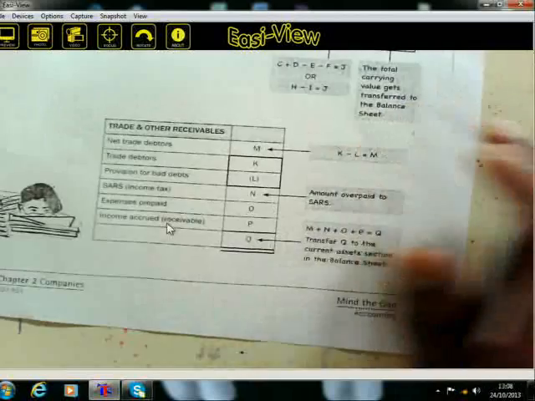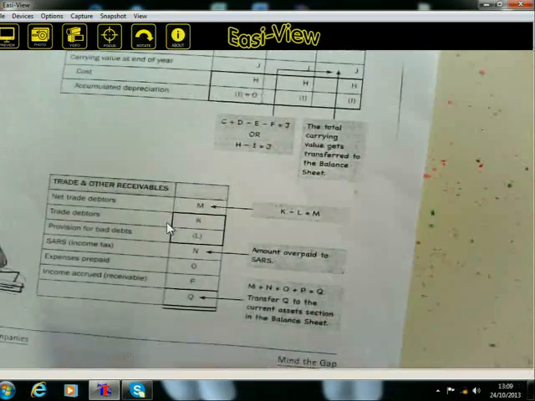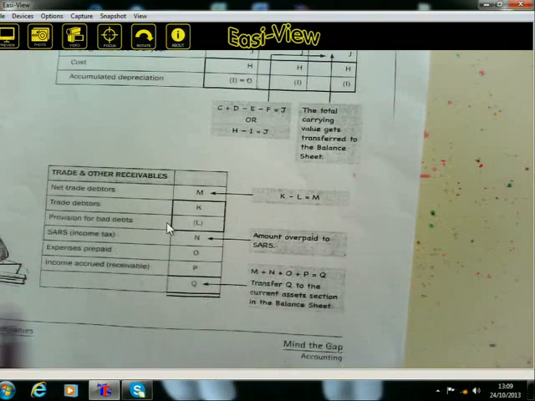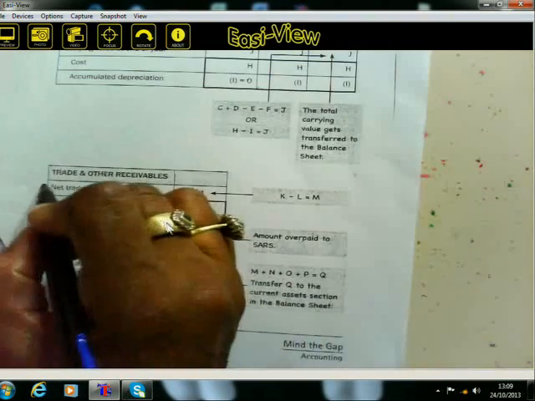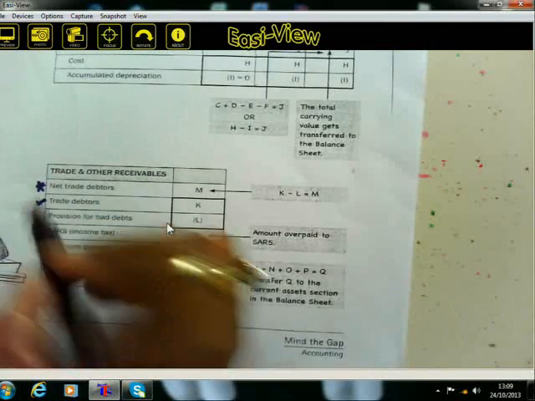After considering the inventory, we come to trade and other receivables. Let me refer you back again to Mind the Gap, where under trade and other receivables we have the net trade debtors. But before we can say we have the net trade debtors, we must have the debtors of the business.